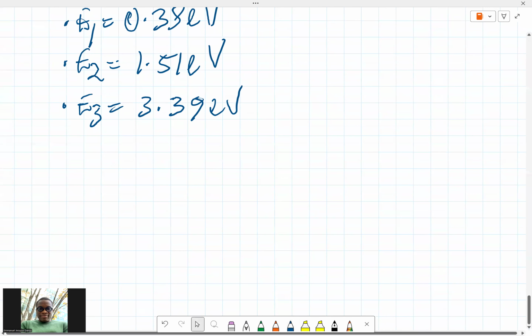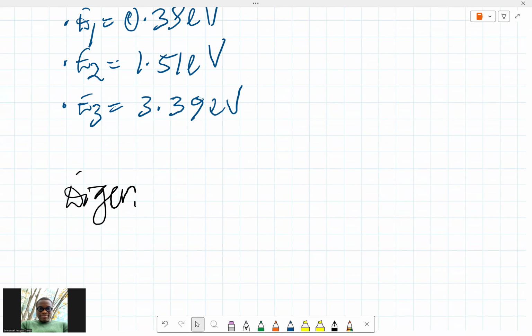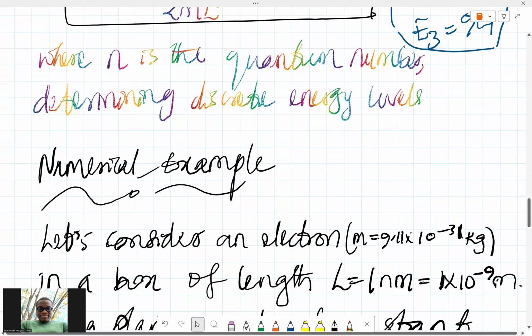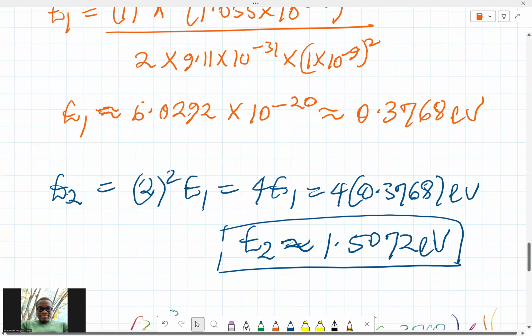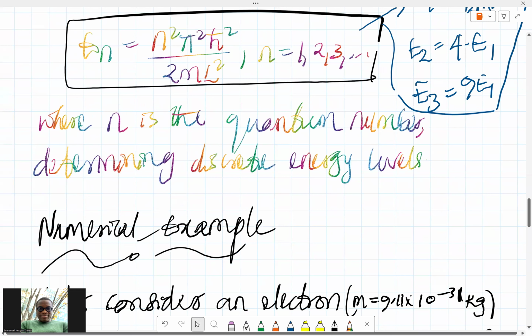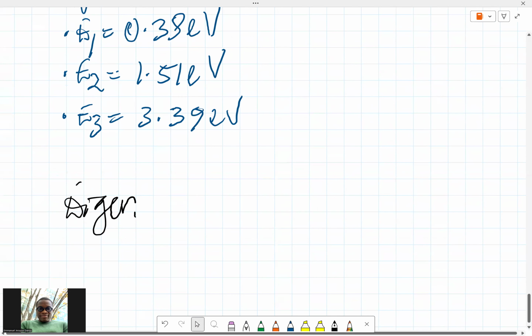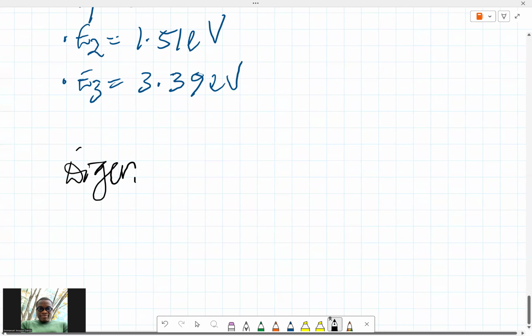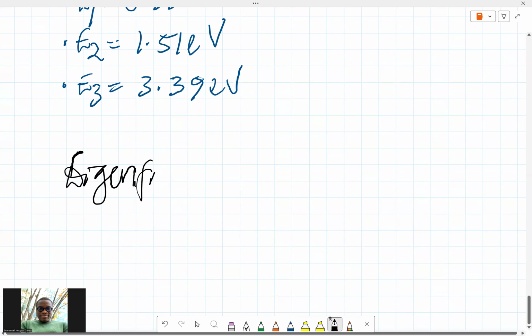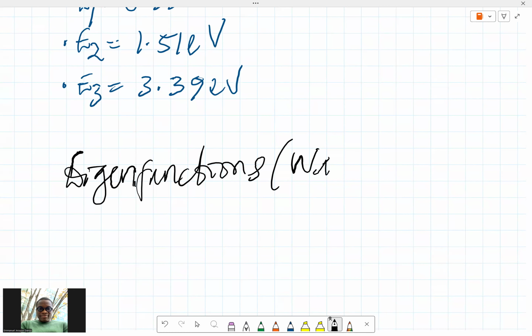We still have to talk about the eigenfunctions. So far we've been talking about the eigen energy levels, right? So let's talk about the eigenfunctions, which are of course still the wave functions.